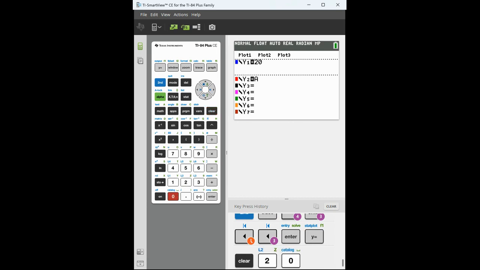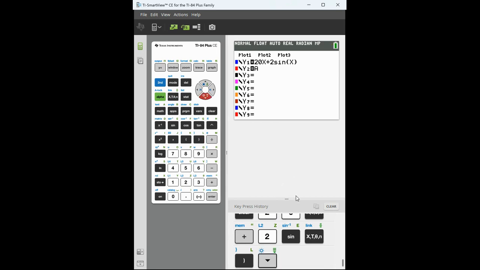Their function is not a velocity function. It's a position function. So I am going to find the average slope. All right. Let's clear that out. Okay, so I've got my original function for distance.